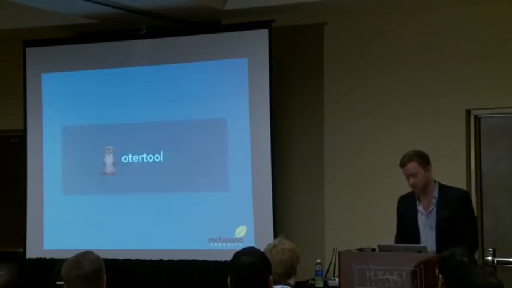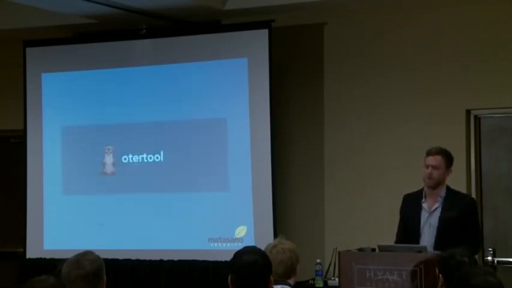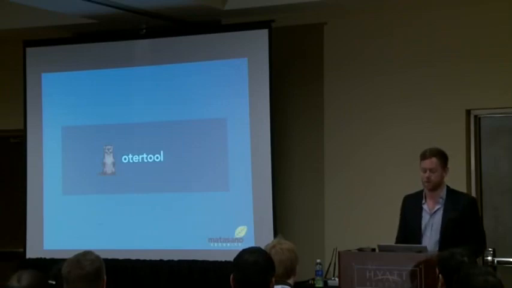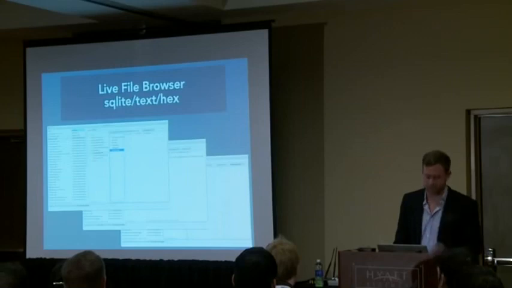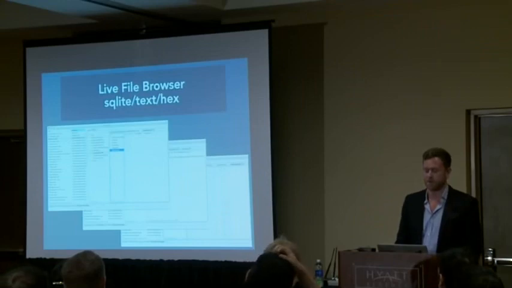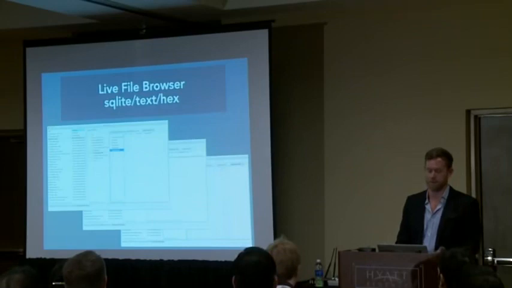So AutoTool, like what I was talking about before, was kind of the start of why this whole talk exists. There's a whole bunch of other features in there, like a live file browser, which allows you to see SQLite databases, text files, and hex files. This is directly from the device too. It doesn't pull anything down.